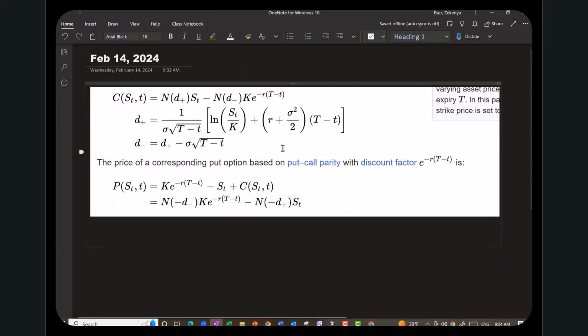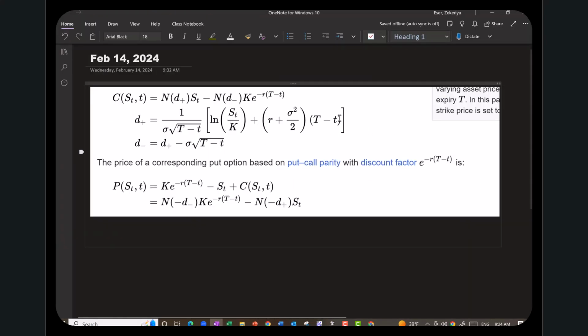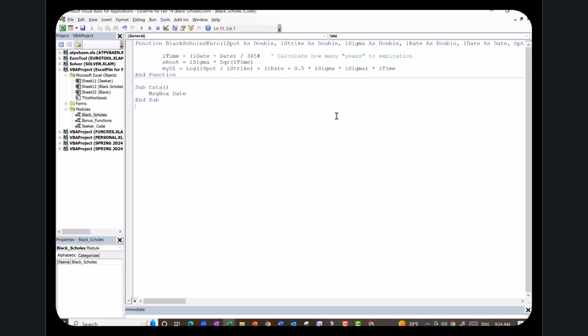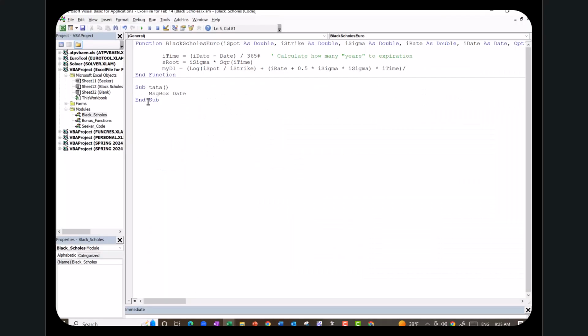I only calculated the square bracket at this point. In fact, I need to multiply that with iTime. So we've done only the square bracket, which means I'm going to divide this by sigma times square root of iTime, which I have already calculated as sRoot.